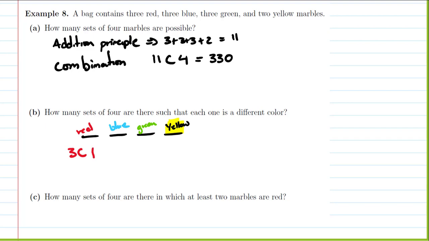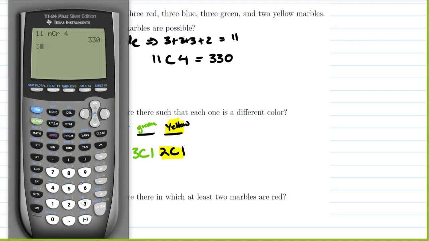For the blue, how many blue marbles do I have? 3, and how many of those do I want to pick? 1. And for the green marbles, there's 3 green, and I want to pick 1. And for the yellow, I only have 2, and how many do I want to pick? 1. So then 3 choose 1 is going to be 3.